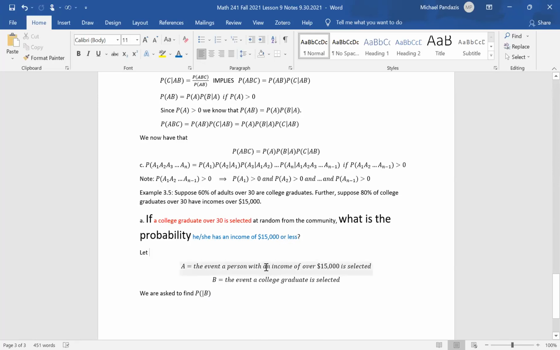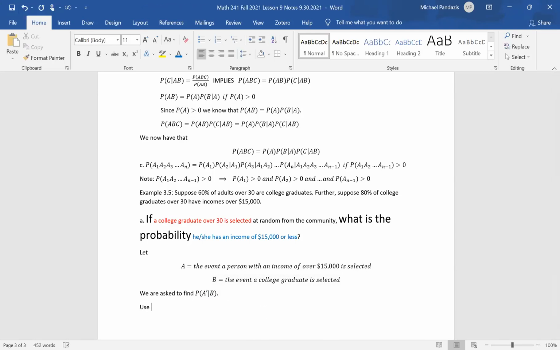A is the event a person with an income of over $15,000 is selected, and this event is $15,000 or less, so this is the complement of that event, A prime. We want to know the probability of A prime given B. So we are asked to find the probability of A prime given B.